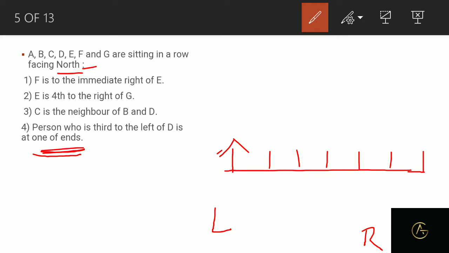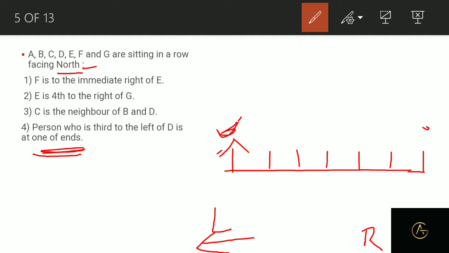So one end means here or here. One person can sit there, who is third to the left of D. Which way is left? This way. So the person will sit here, not there on the right side.